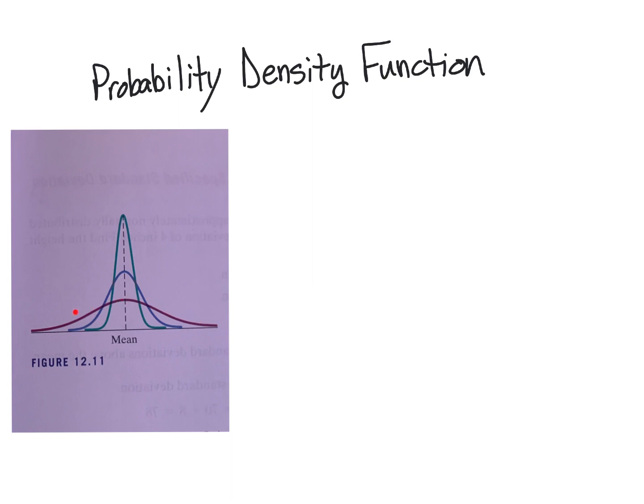The red one that's flat represents a large standard deviation, whereas the tall, skinny one has a very small standard deviation. Usually, if you're talking about normally distributed data, you get this blue one. But not all probability density functions are like that. If you were waiting at my kid's dentist, then your curve is going to look like that. If you're waiting at the eye doctor, it's going to look like this.